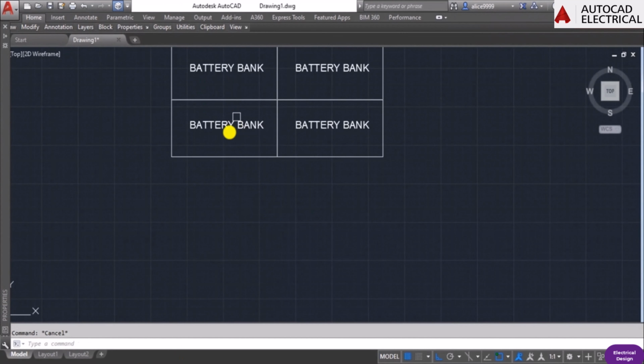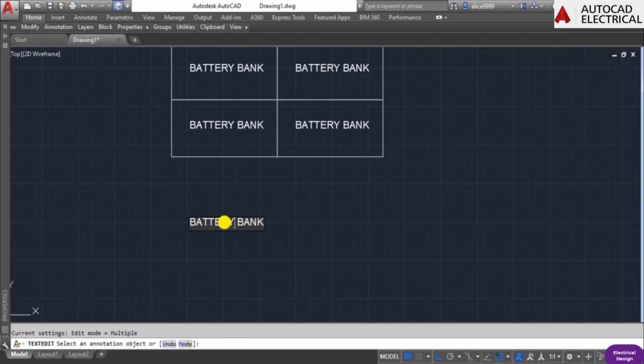So to calculate the battery capacity in ampere hours, the standard formula for the battery capacity is equal to the total power in kilowatts divided by the standard volts.